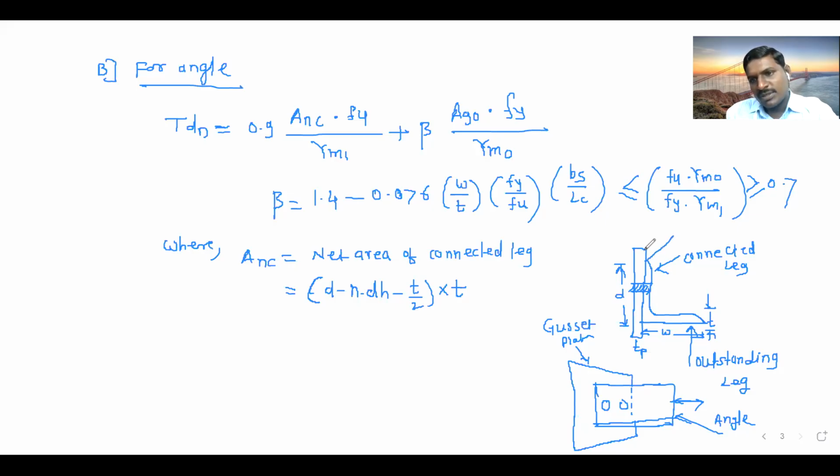How many bolts do you see here? 2. 2 are visible. But where is the remaining bolt? The second bolt is where, behind this, correct? Along the length. So this is your angle. This angle is connected to this plate, so the second bolt is where?